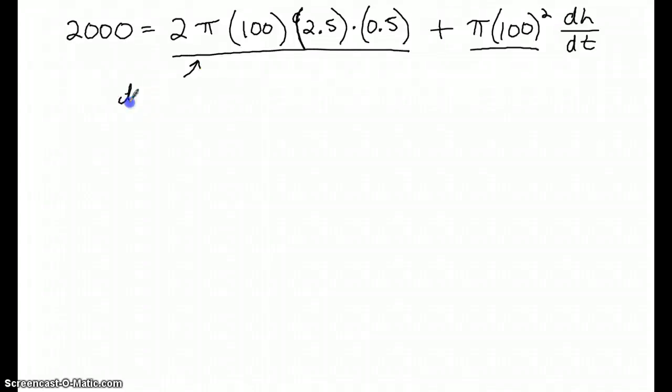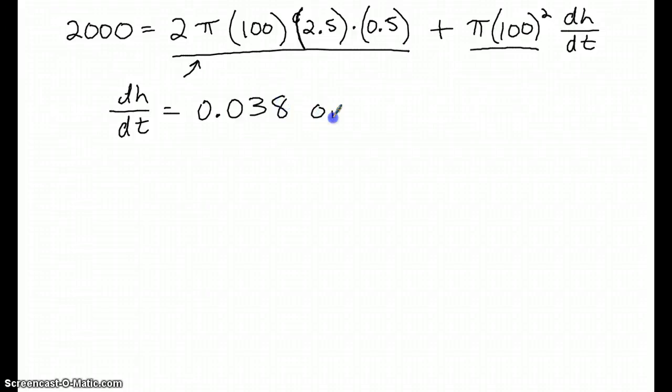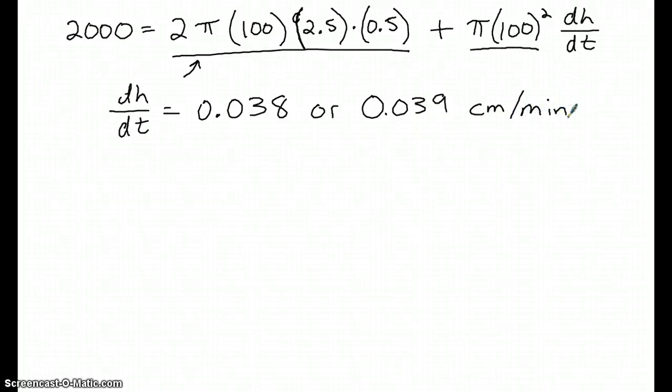We do that, and we find that dh/dt equals 0.038 or 0.039 centimeters per minute. So we're finding that the height is increasing by 38 thousandths or 39 thousandths centimeters per minute.